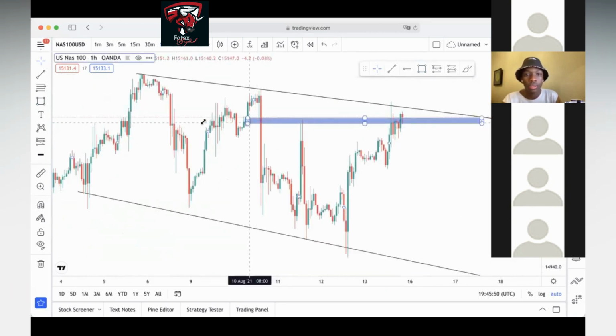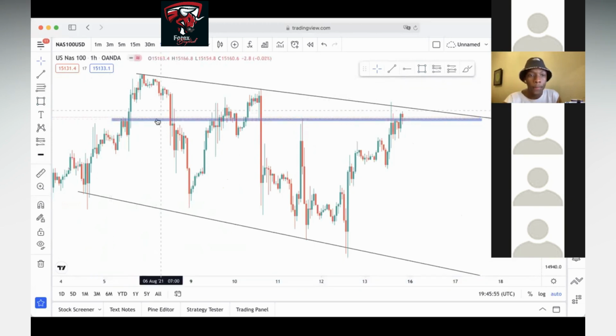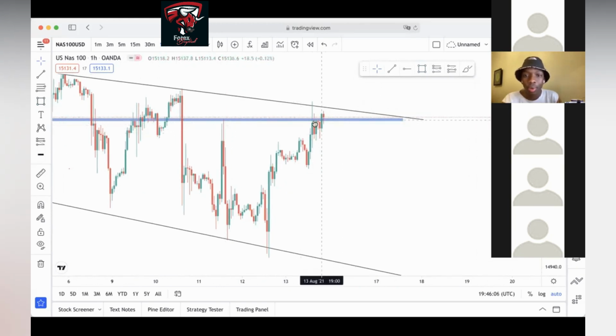Just like that, you can see resisted, supported, resisted, resisted, supported, broke, resisted again. But you can see now that this zone is actually broken.